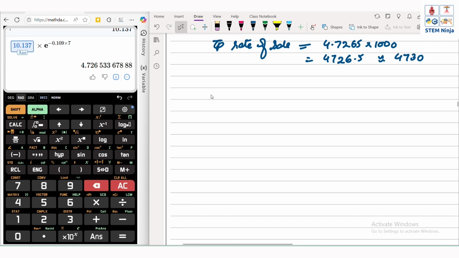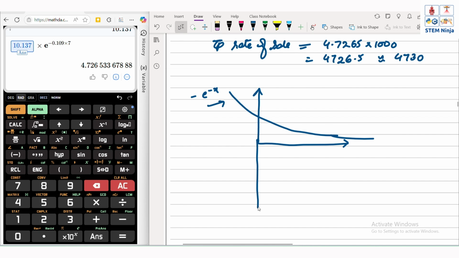When you have the e raised to the power minus x function, the graph looks like this. This is e raised to the power minus x. When you do minus e raised to the power minus x, obviously this would go this way.